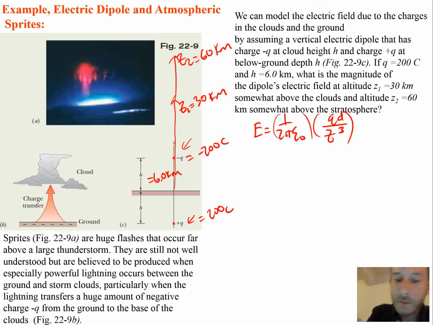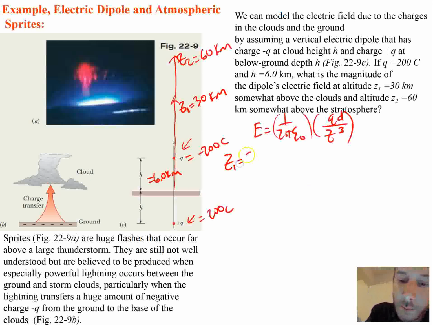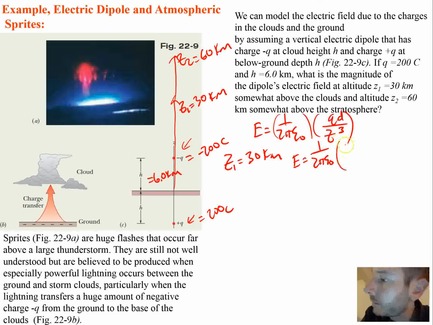Okay, so for the first case, where z1 is equal to 30 kilometers, plugging everything in, it's 1 over 2 pi epsilon naught times the charge, which is going to be 200 coulombs, times 2 times 6.0 times 10 to the third meters.